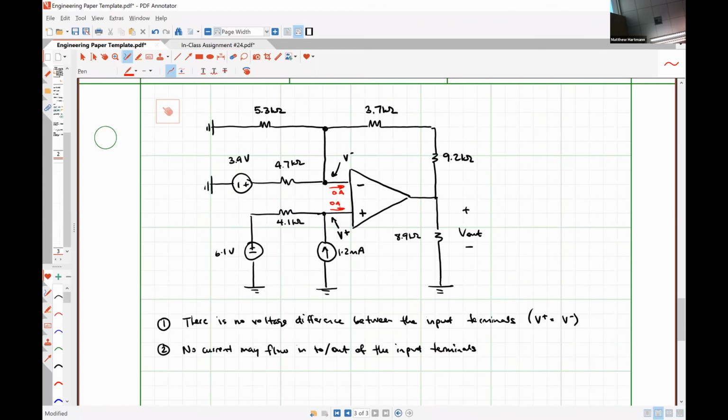So let's figure out how we can find that voltage V+, and then use that to answer the next question, which is the voltage V out. So does anybody have any ideas how we might go about solving for the voltage V+? KCL.